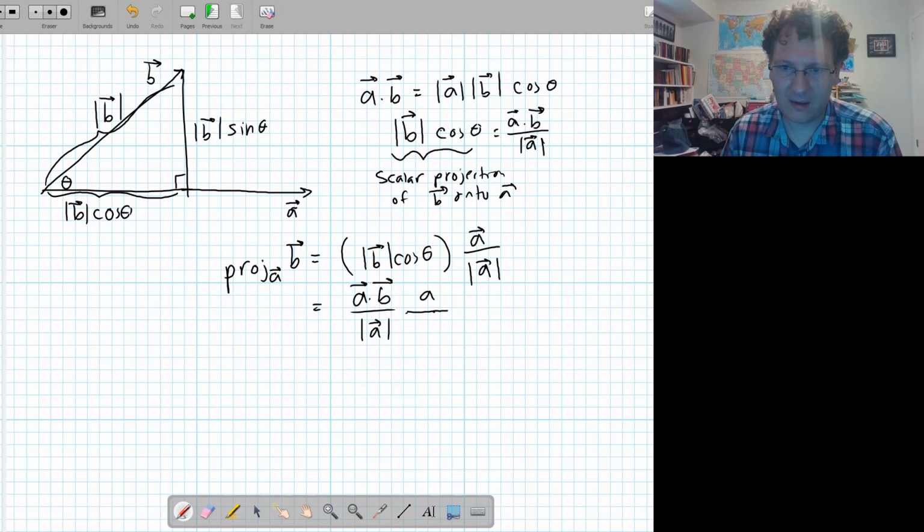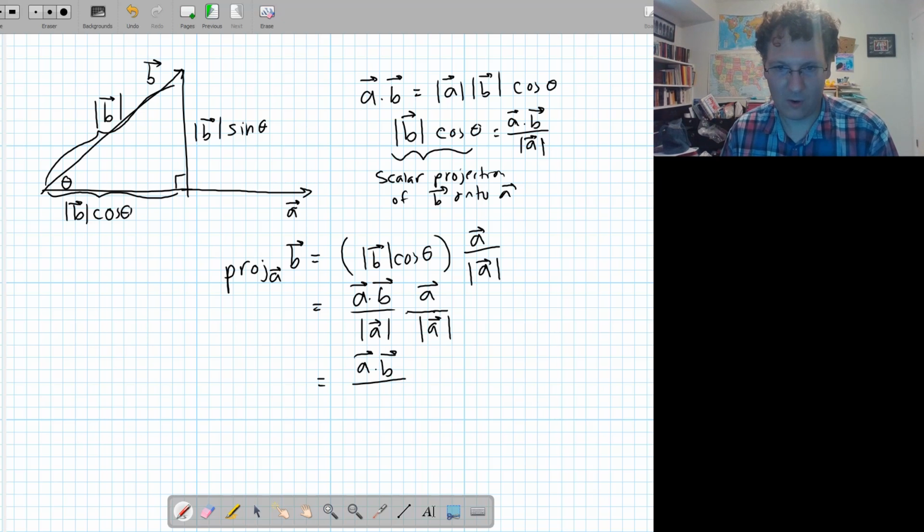The denominators are both scalars, so I can write this as a dot b over magnitude a squared, times a.